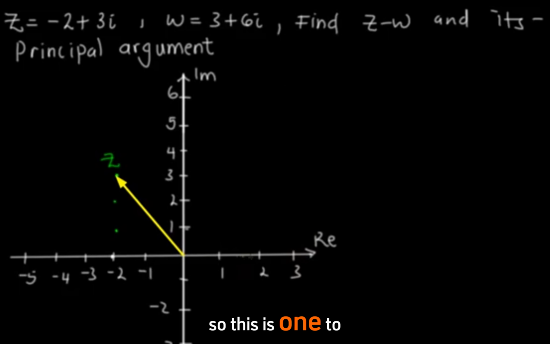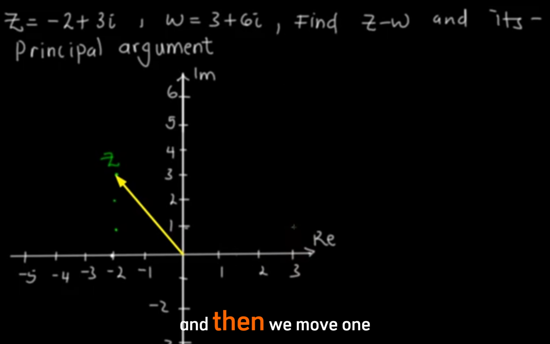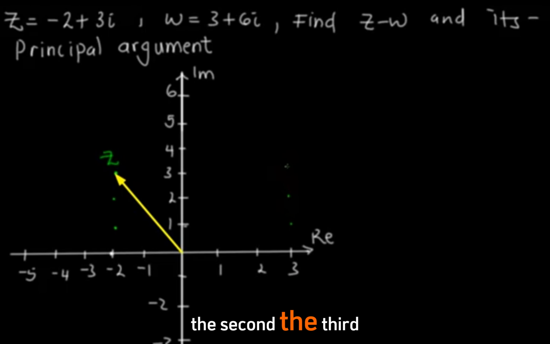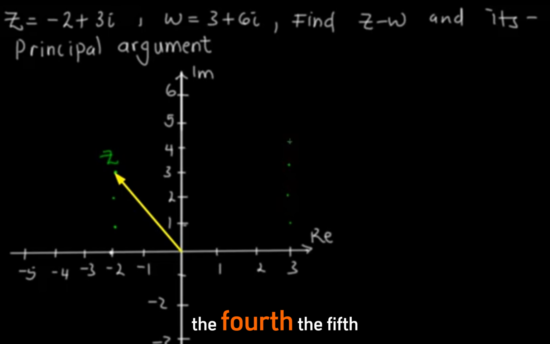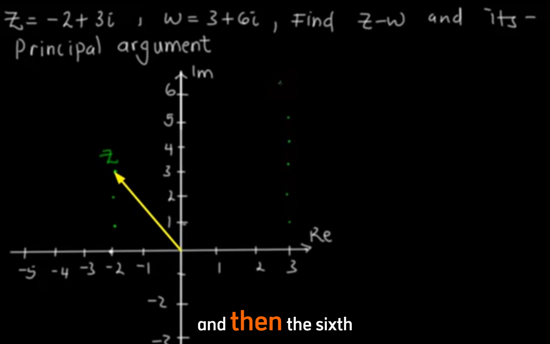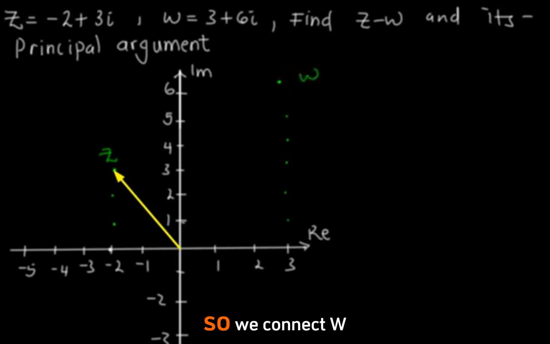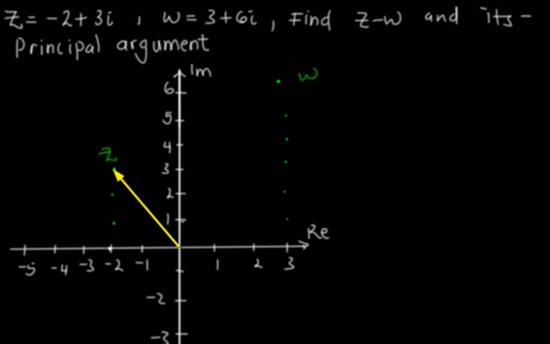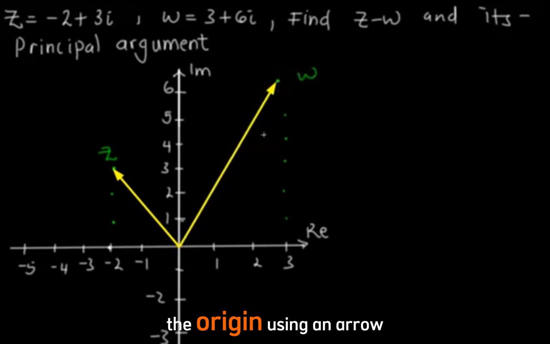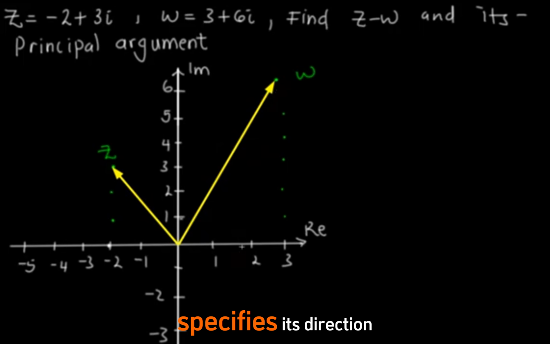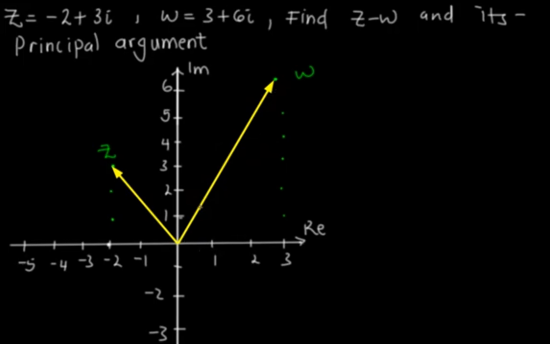So this is 1, 2, 3 steps, and then we move 1 step, the second, the third, the fourth, the fifth, and then the 6th. So this is our w. So we connect w to the origin using an arrow because this complex number w specifies its direction from the origin.